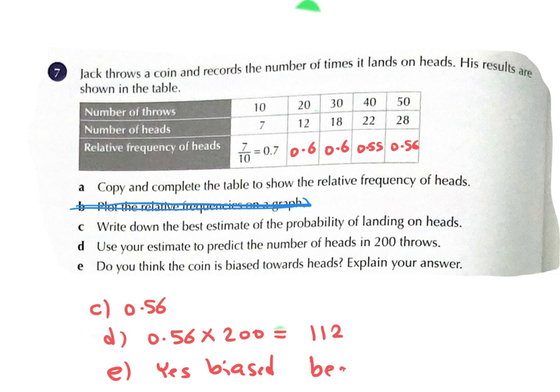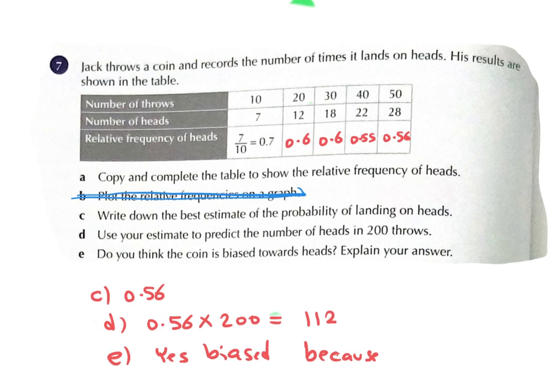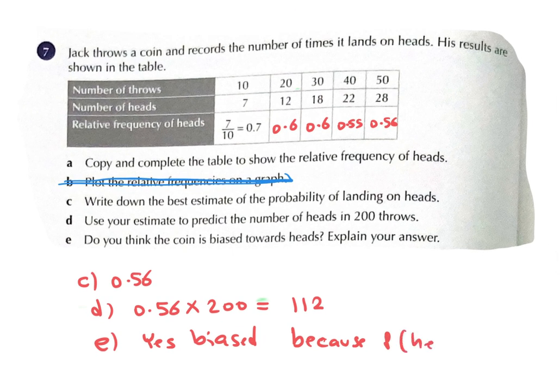Because the probability of heads should be around 0.5. Okay? But 0.56, I can consider not close to 0.5. Because the best estimate for the probability of heads is 0.56. But we need 0.5. If it is fair, the probability should be 0.5.